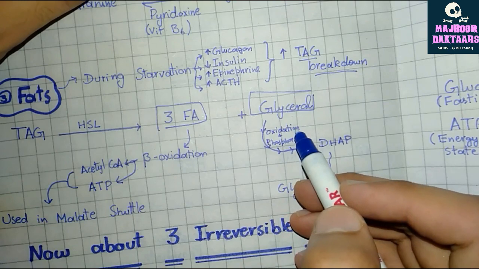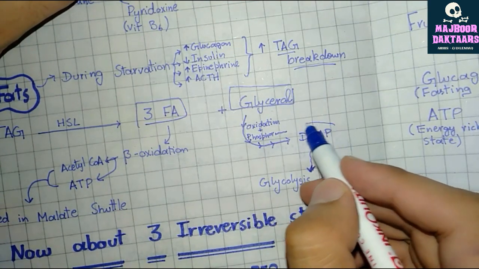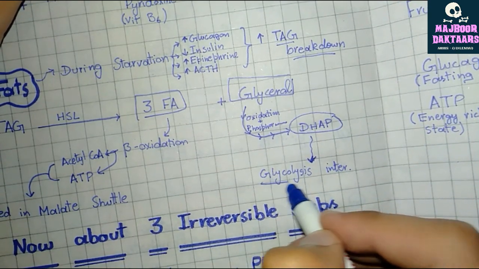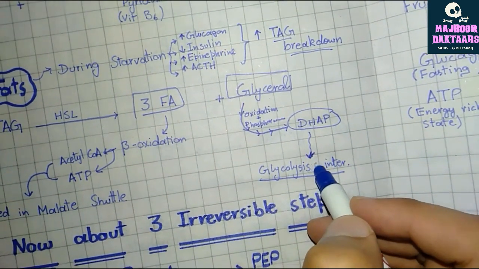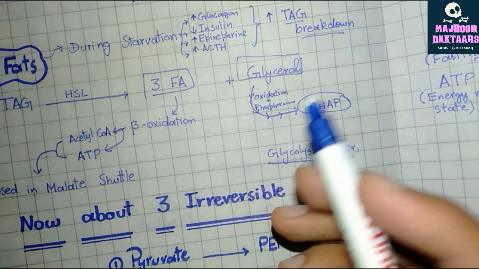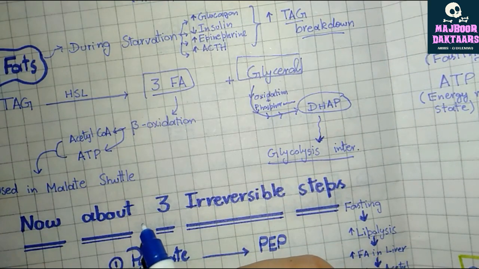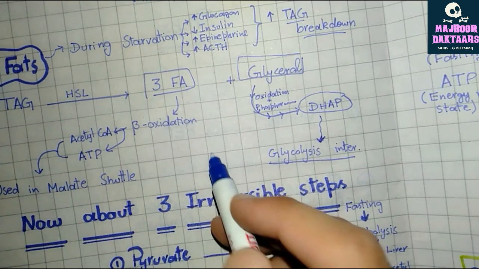Then it undergoes oxidation to convert into dihydroxyacetone phosphate, which is a glycolysis intermediate, so it can be used in gluconeogenesis. An additional role is the oxaloacetate, which is a Krebs cycle intermediate and can be used in gluconeogenesis.